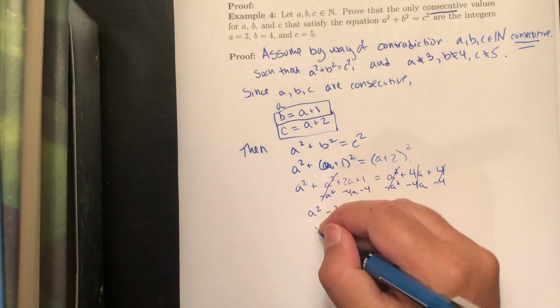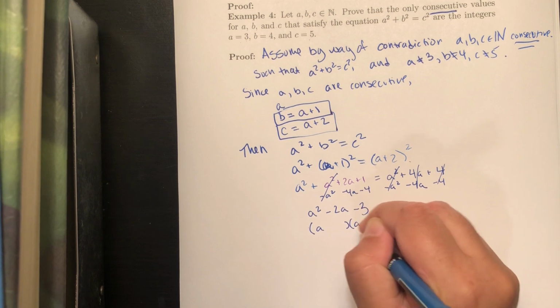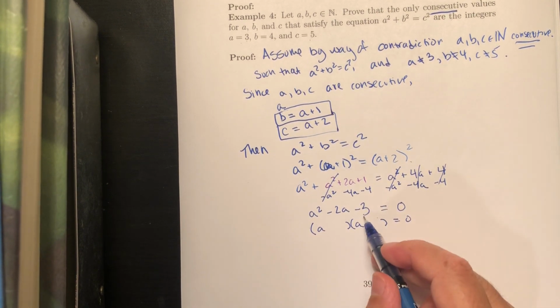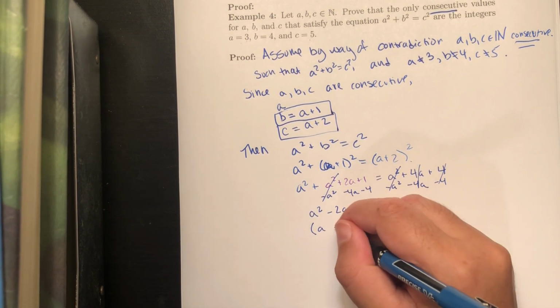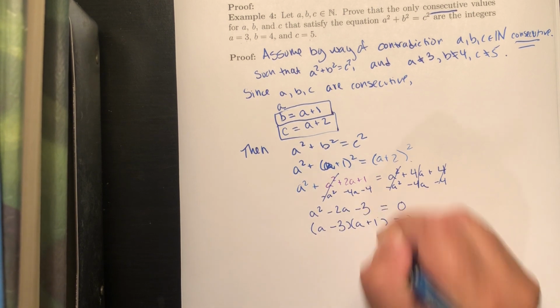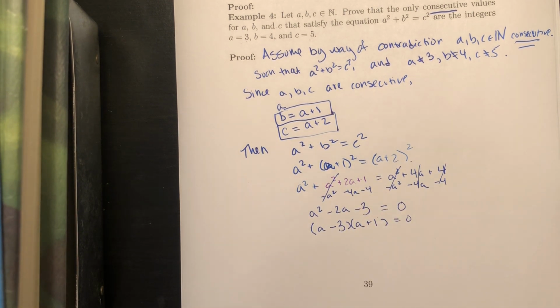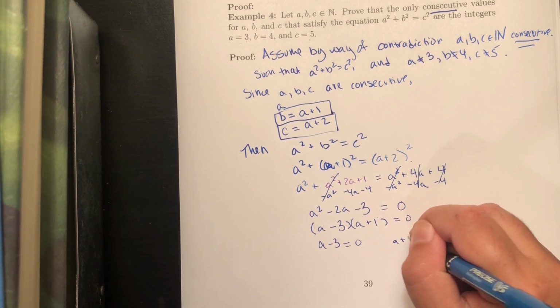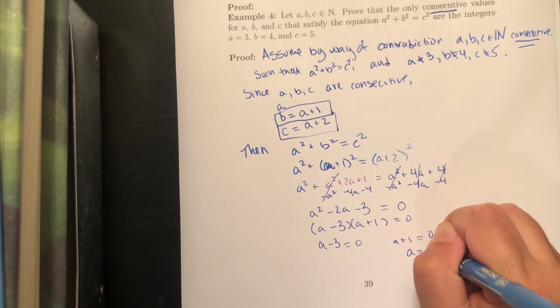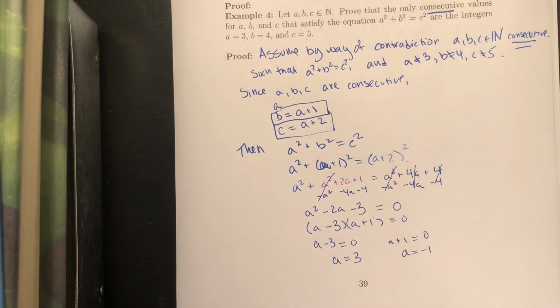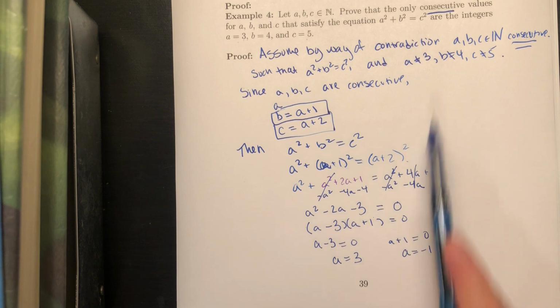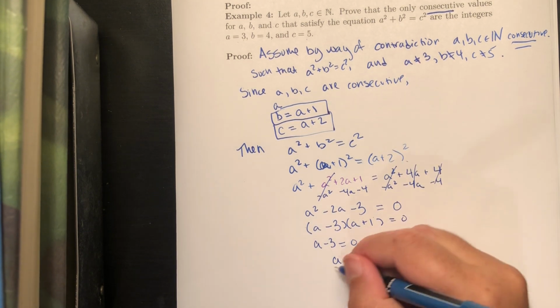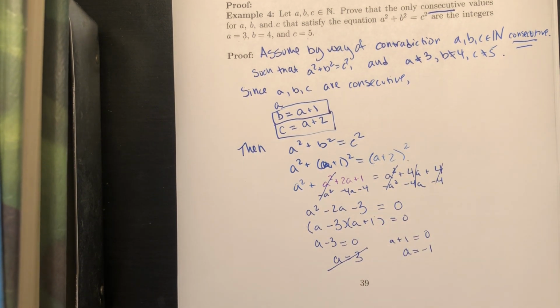Well, we could factor. This would factor to, gotta multiply to -3 and add up to -2, so (a minus 3) and (a plus 1) would work, which means that either a minus 3 is equal to 0 or a plus 1 is equal to 0. All right, what's the problem here? Well, we already said that a is not equal to 3, so we can go ahead and throw out this first solution.